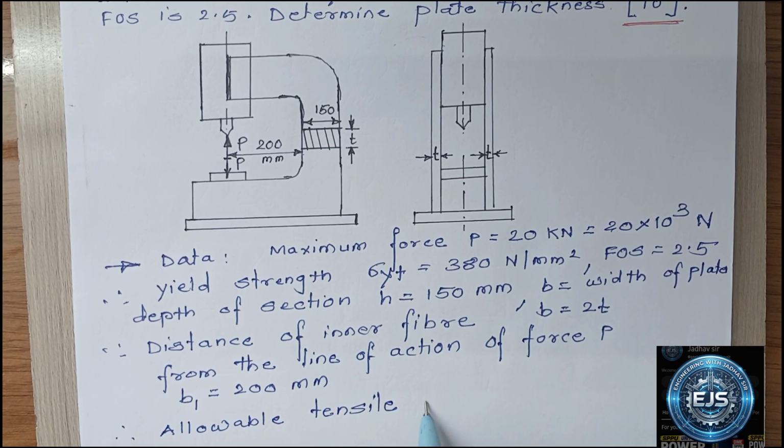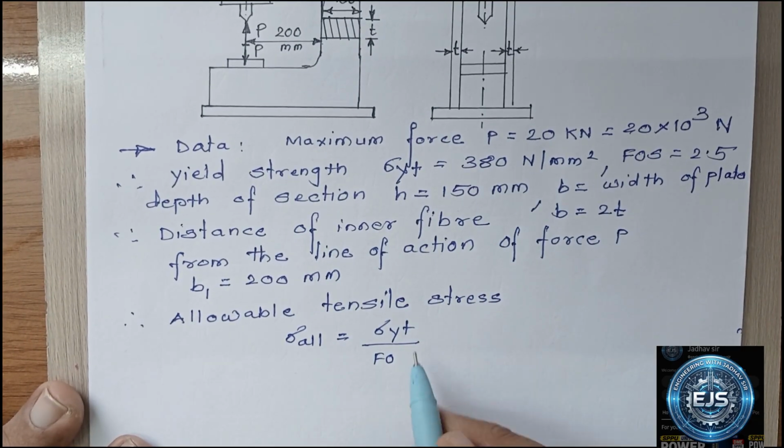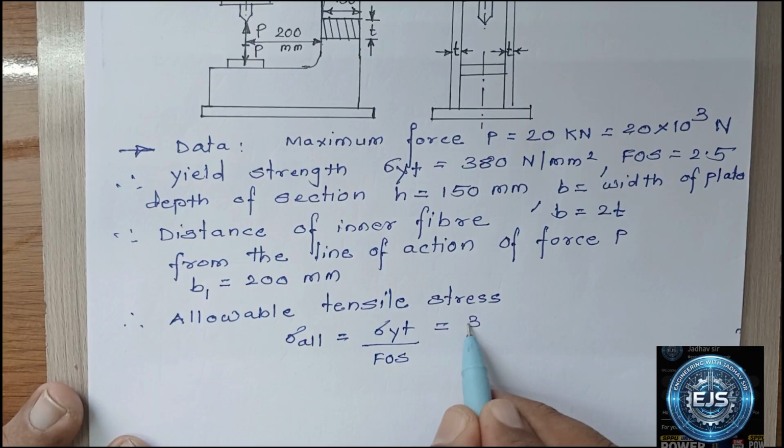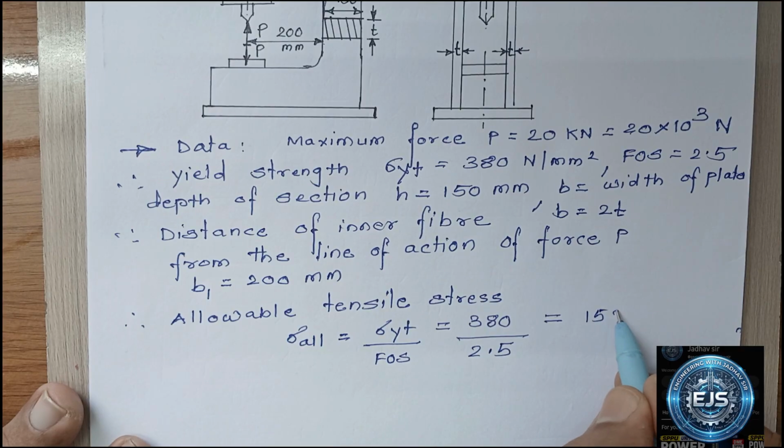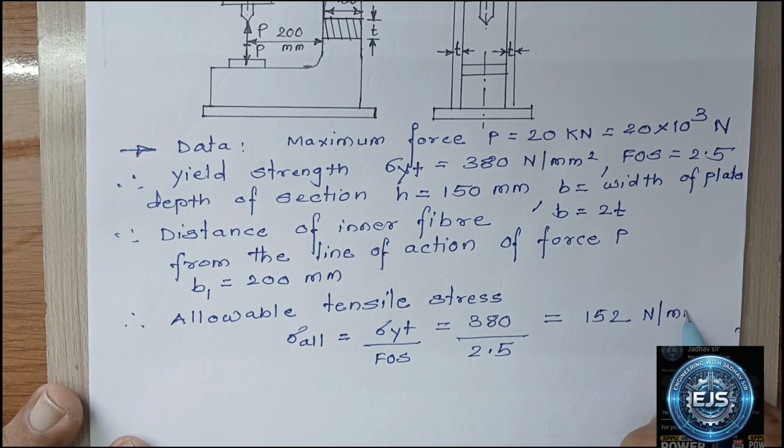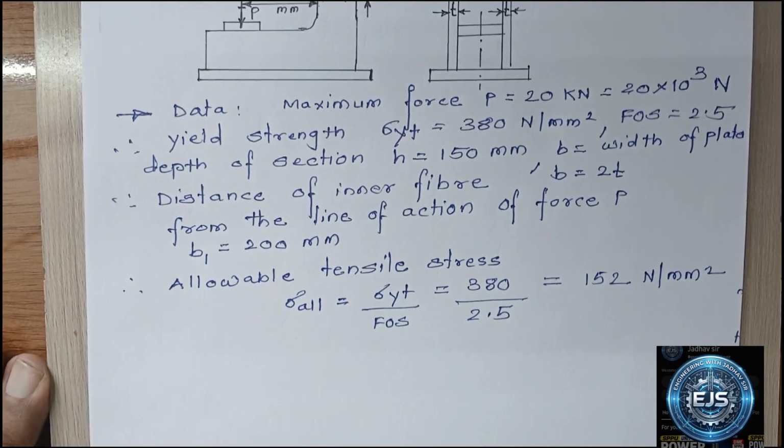Allowable tensile stress of this steel plate, sigma allowable, is equal to sigma YT divided by factor of safety. So sigma YT is 380 divided by factor of safety 2.5. So we get the allowable stress value, and this stress value is 152 Newton per mm square.